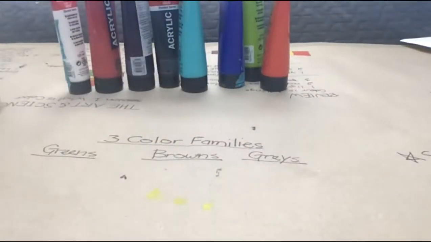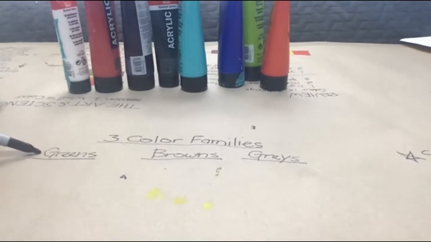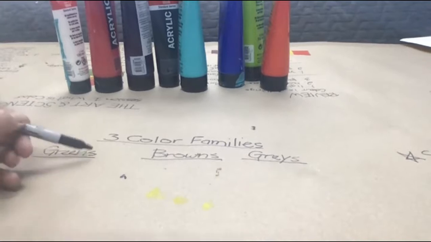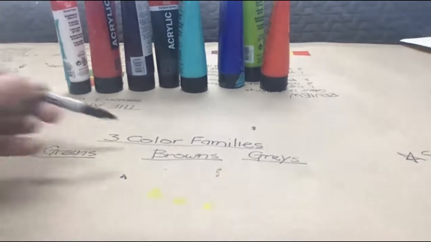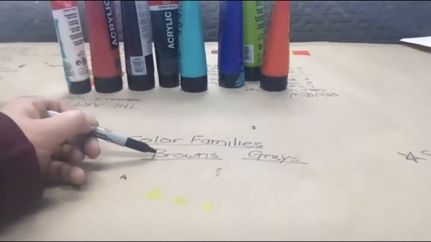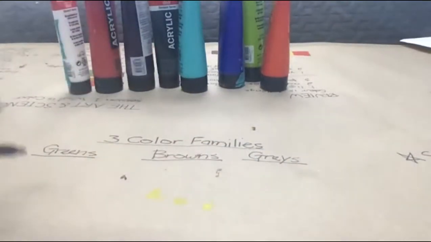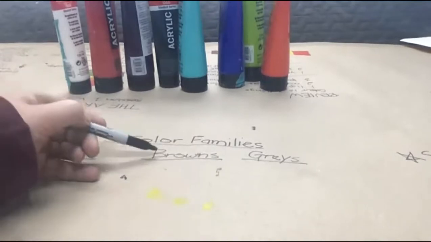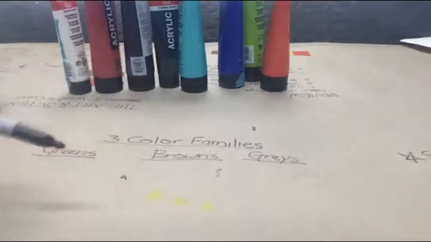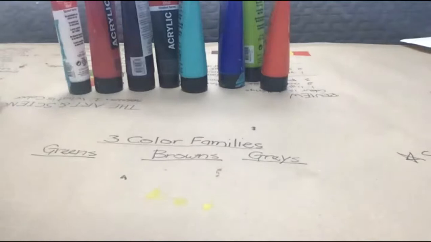What I'm talking about here are things in the area of green, related to green, things in the area of brown, related to brown, and things in the area of gray. And the reason I'm not calling them green, red, and blue is because the majority of the colors that fall into those categories are not actually those colors.